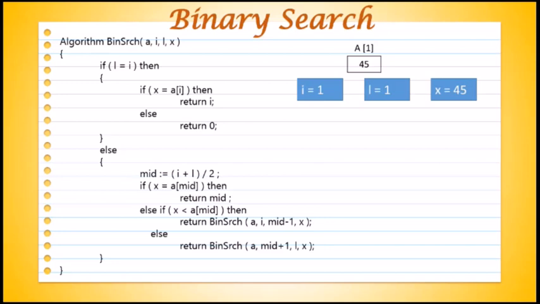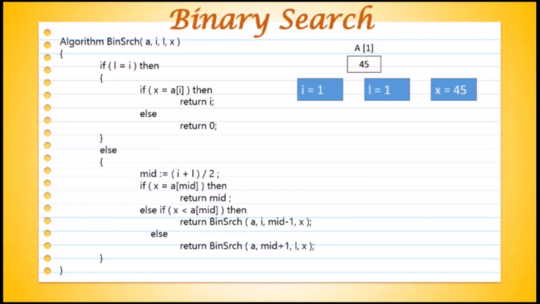In the if part again we are checking whether X is equal to A of I. Here X is 45 and A of I means A of 1, so 45 is equal to 45. This condition is true, that means we will return I. What is the value of I? 1.